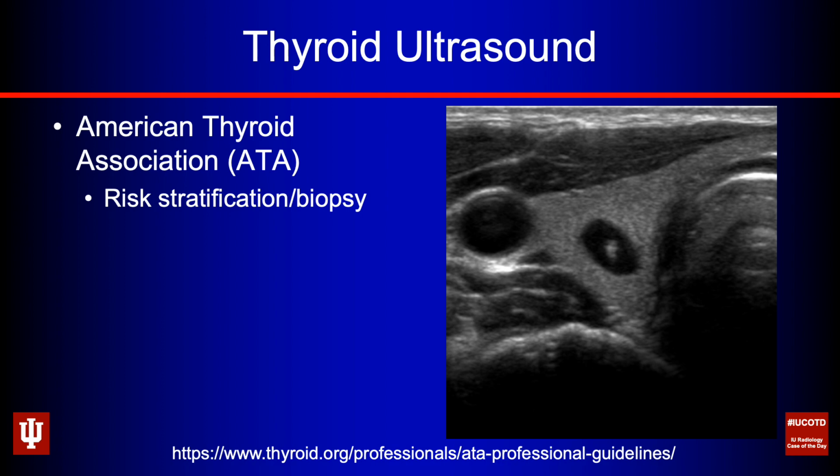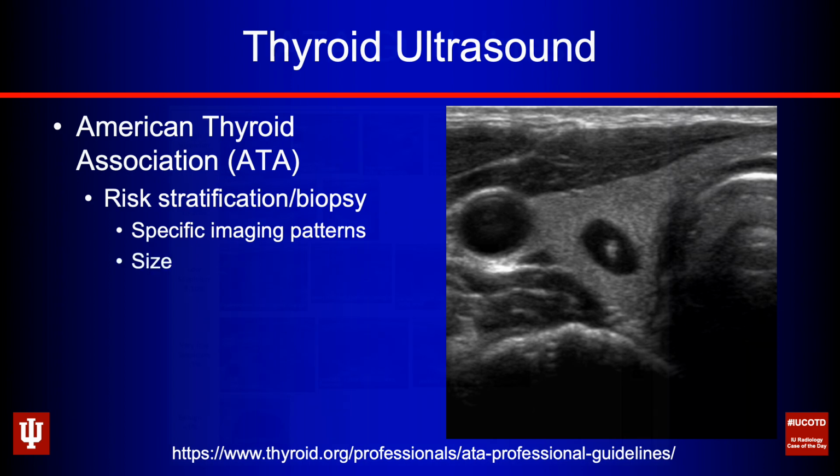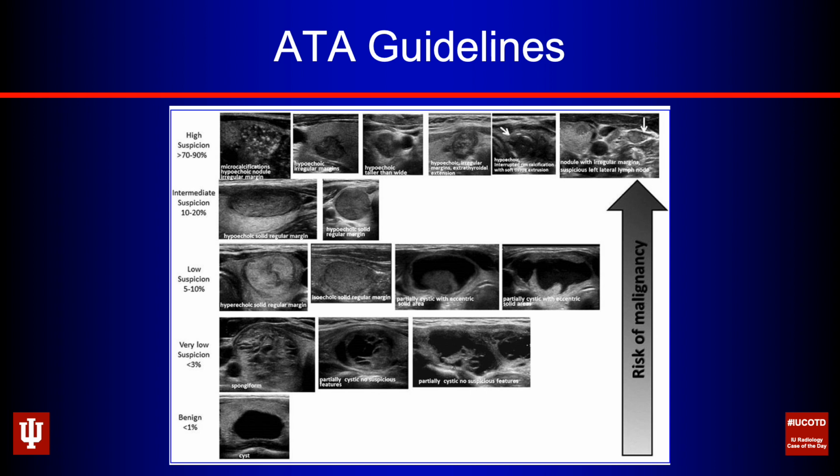Another paradigm which is broadly used is the American Thyroid Association, or ATA paradigm. This is also for risk stratification and trying to figure out management and biopsy needs. This relies more on specific imaging patterns, as well as the size of lesions. So for all the residents out there, you probably have seen this 1,000 times, right?